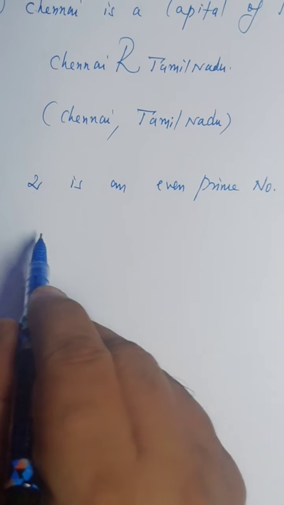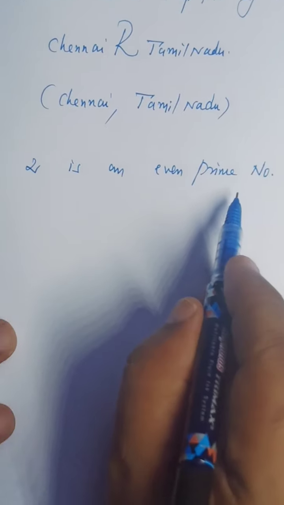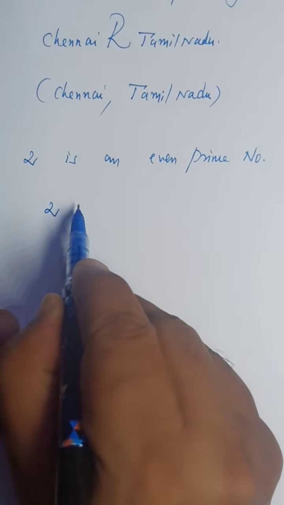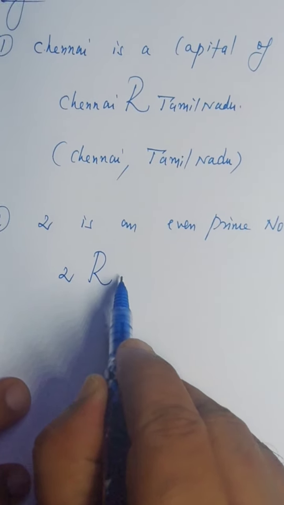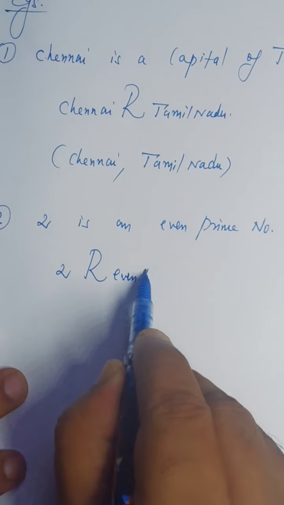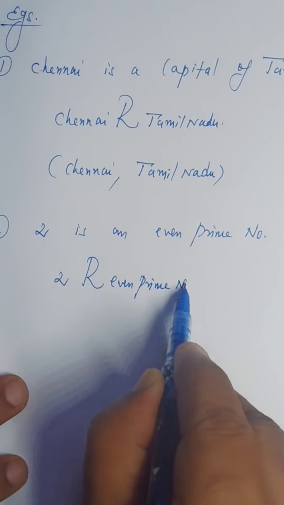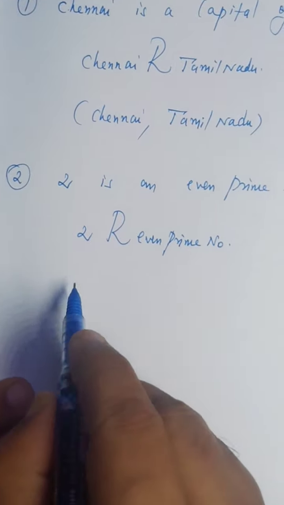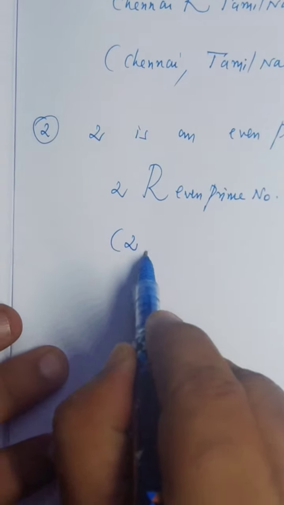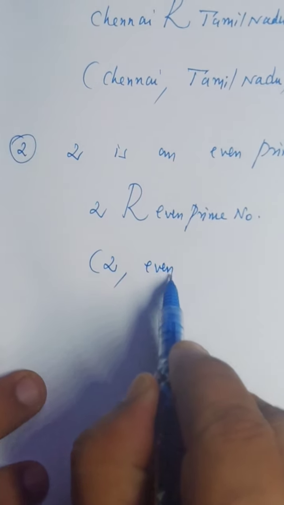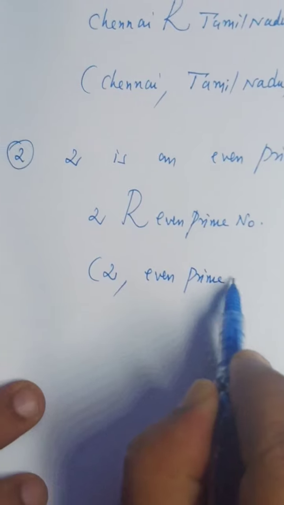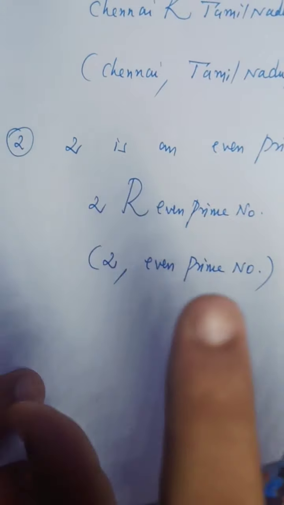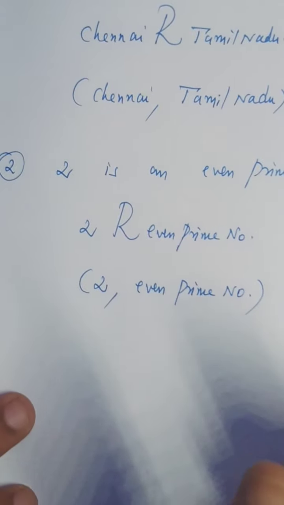So it can be two objects, one is 2, another one is even prime number, both can be related. 2 is related with even prime number. Okay, this can be written in the set of ordered pairs 2 comma even prime number. I hope that it's very simple only. I hope that you have understood the concept of a relation.